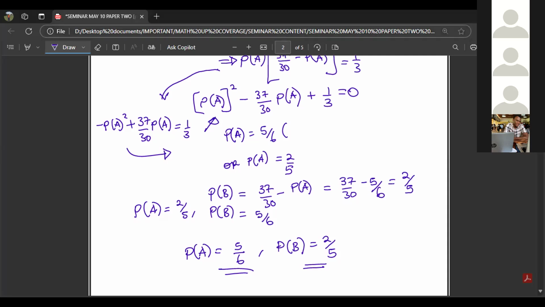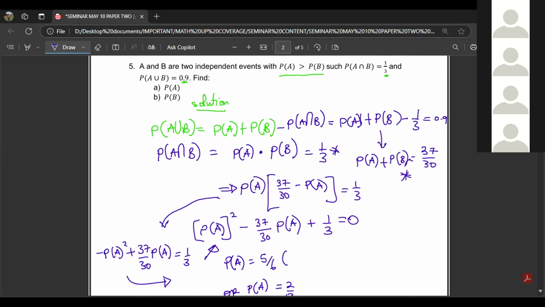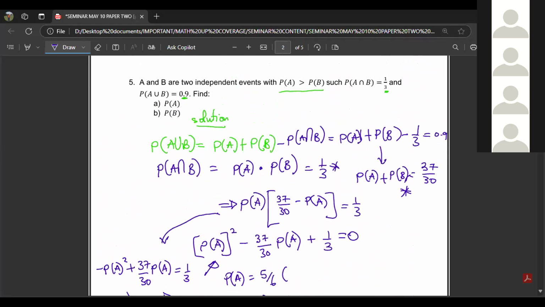Thank you. Do you mind explaining the whole number? Because it seems like some people have not understood. A and B are two independent events, and that means the intersection would have been 0, as they explained earlier, but then we have been given a value.